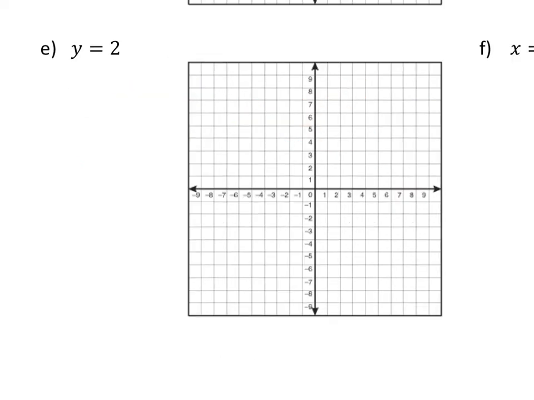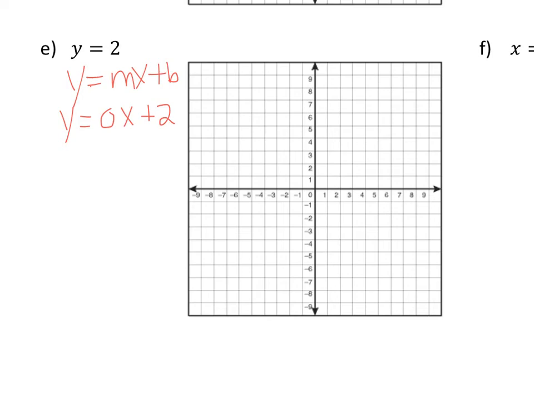Letter E, y equals 2. If you remember, there was a notation up in our description that said that lines can have the equation y equals a number. These are horizontal lines that have a slope of 0. This doesn't have an x term. So y equals mx plus b. It doesn't have an x term, and if you remember, there'd be 0 x's plus our 2.